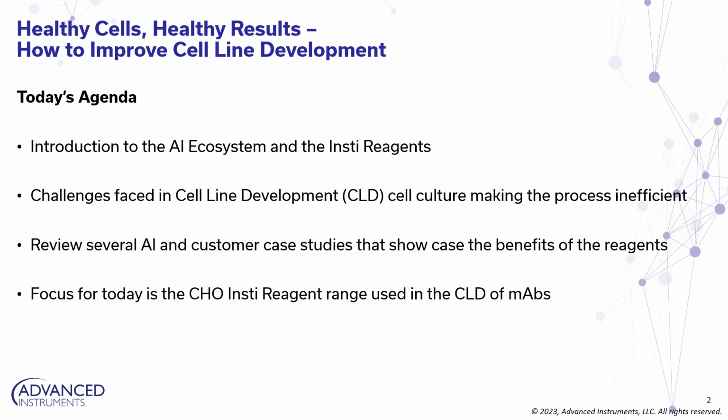Specifically, we will focus on poor cell revival, slow transfection and selection recovery, low clonal outgrowth, and loss of clones during the expansion process. Following on from this, I will present a collection of advanced instruments and customer use cases which demonstrate the ability of the reagents to address each of these cell culture challenges.